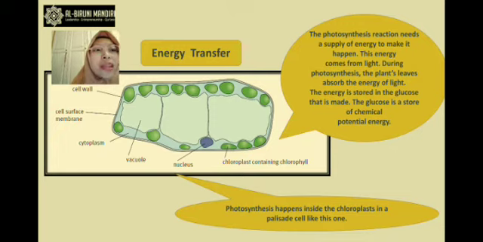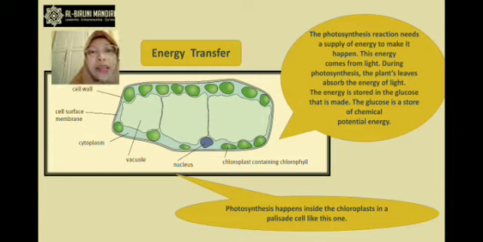During photosynthesis, the plant's leaves absorb the energy of light. The energy is stored in the glucose that is made. The glucose is a store of chemical potential energy.